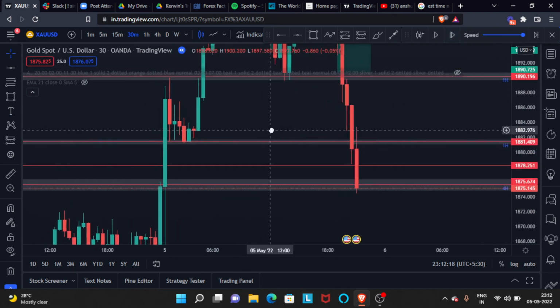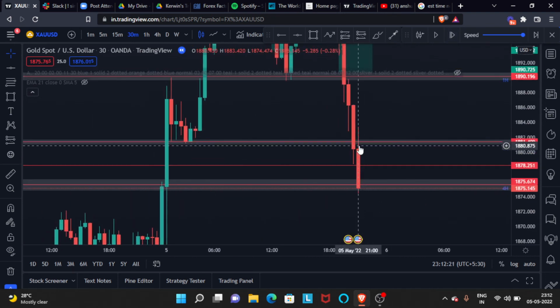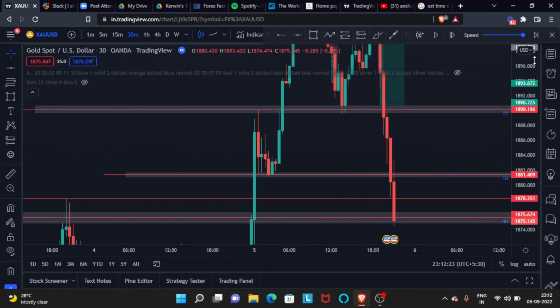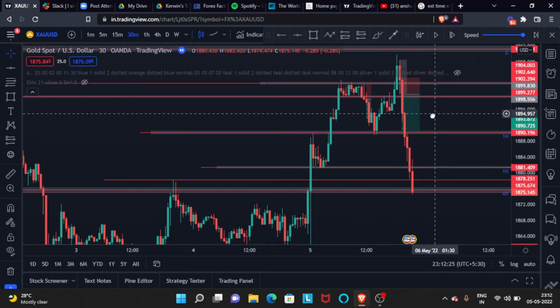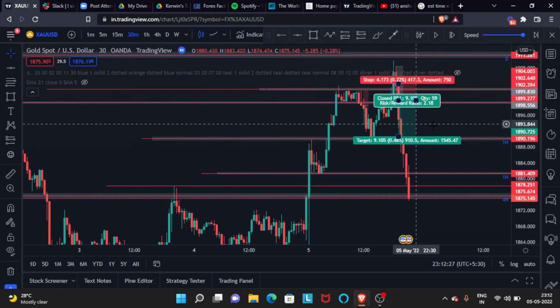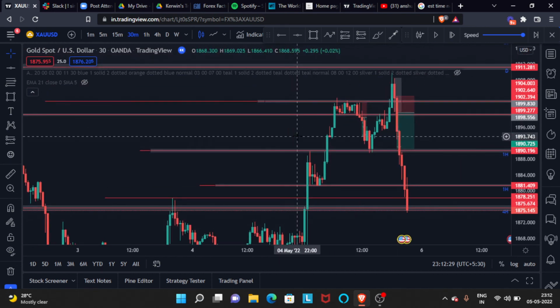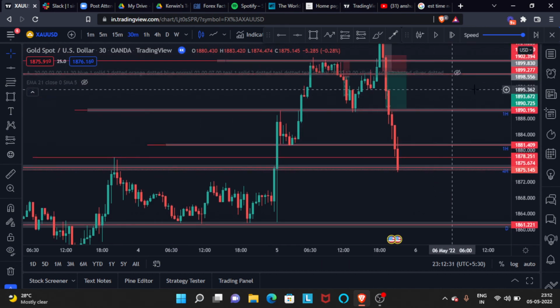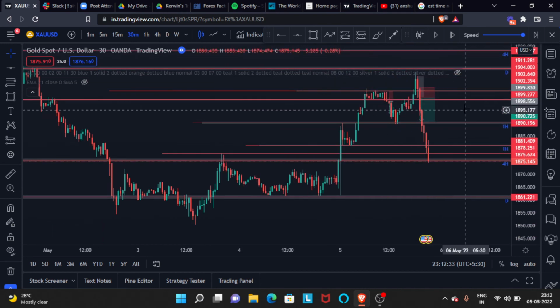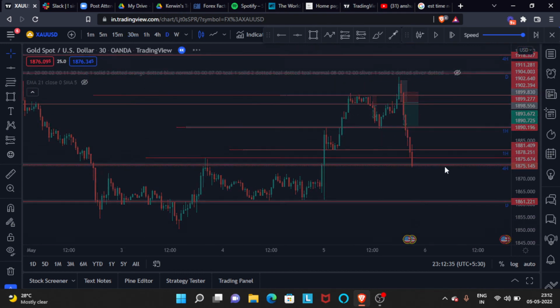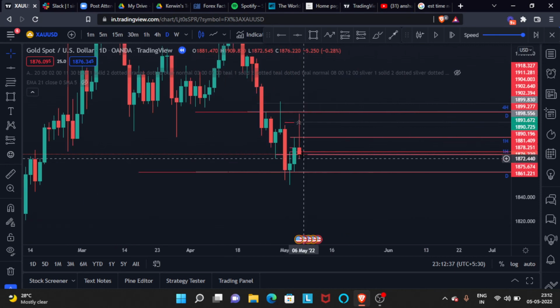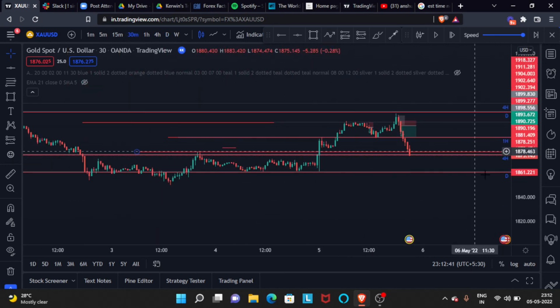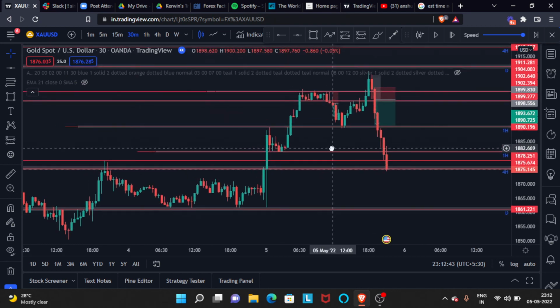So after NYSE we got plenty of moves, and volume was there on gold for a pretty long time, I would say. Buys and sells both played out today, and overall we are still bearish on the daily time frame. And you see this rejection right now for the daily candle, that just confirms that we are pretty much bearish, right?